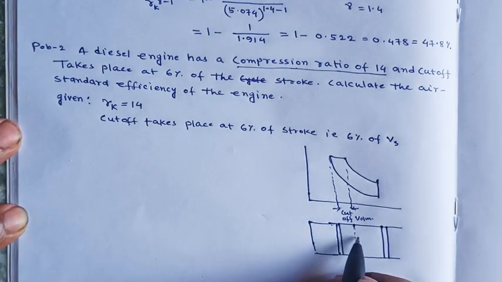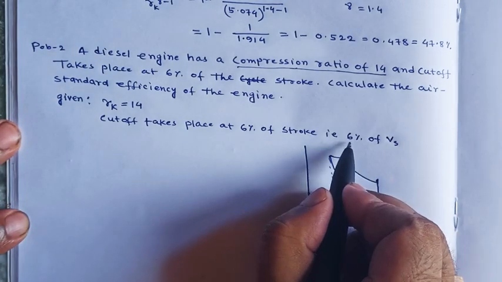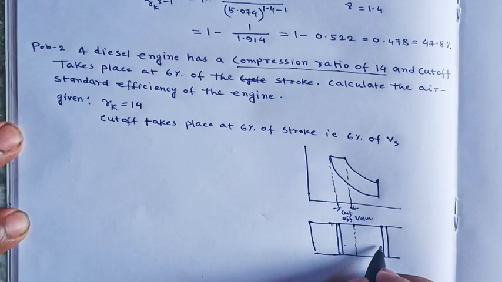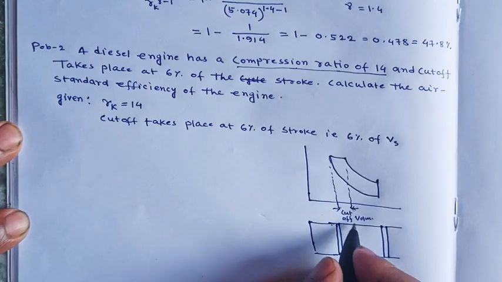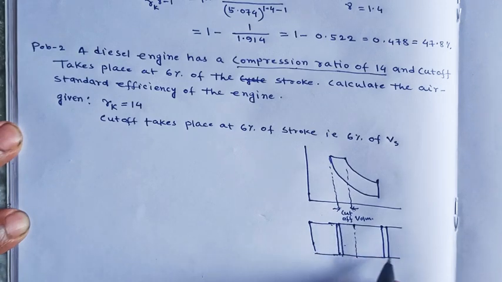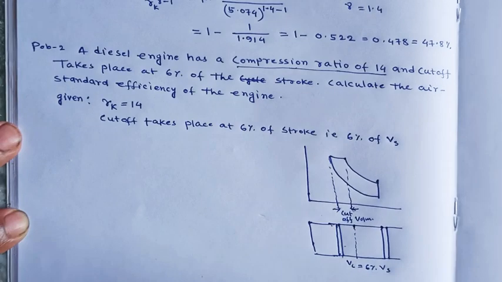Now we can write this 6% of Vs: this total volume is Vs, and this volume is 6% of this swept volume. So this volume Vc, you can write Vc is 6% of Vs.